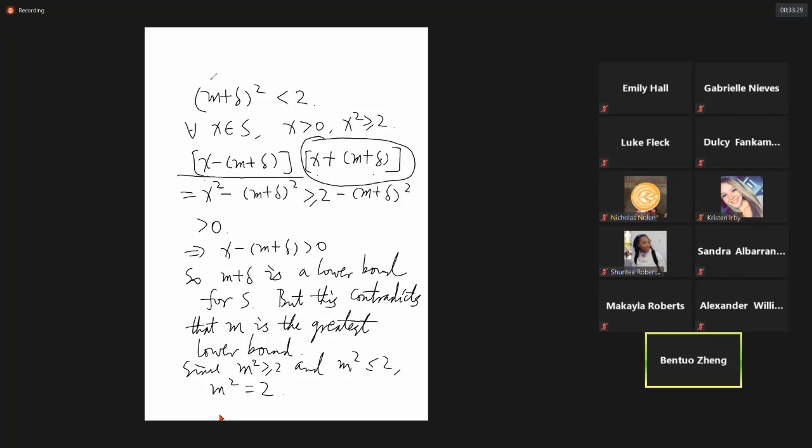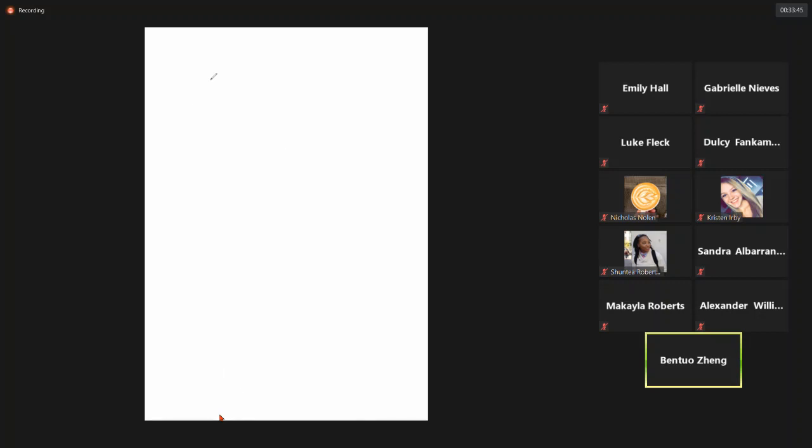Okay, so let's look at a few problems. So before we start the problems, let's review. We proved the Archimedean property, Archimedean principle.